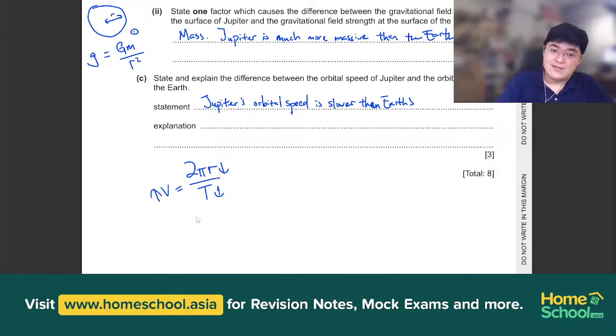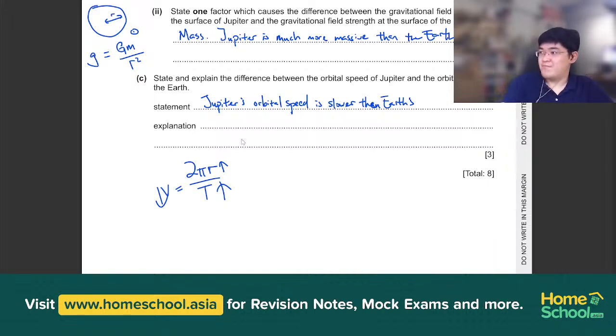But when you're in Jupiter, where r is higher, the distance from the sun is very far away, the time taken is very, very high, then the velocity is much lower.